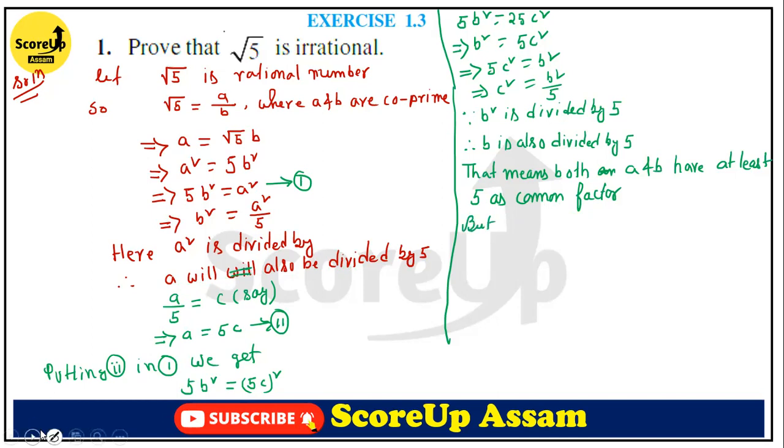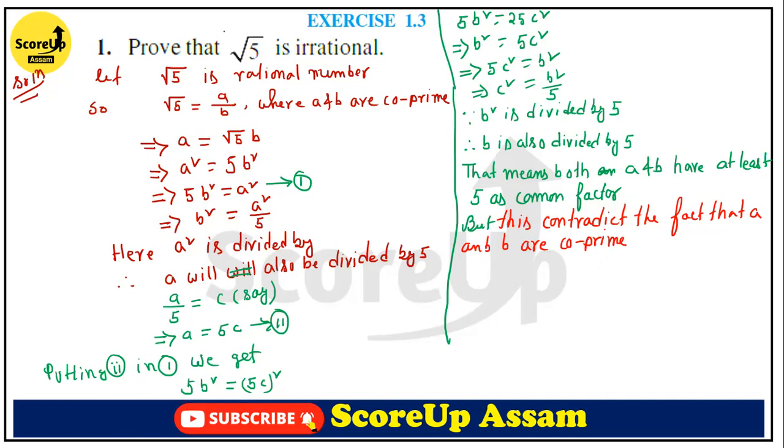This contradicts the fact that a and b are coprime.